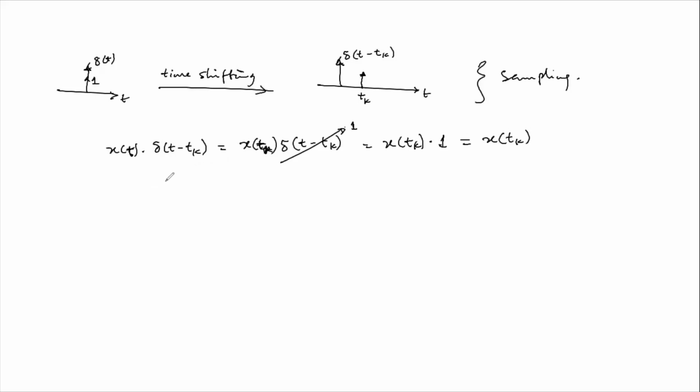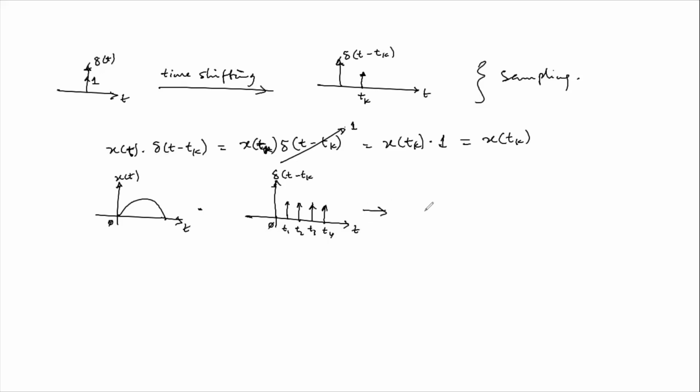And it is logical to therefore conclude that should we have a signal, say something like this, S of t, multiplied by some time shifted unit impulses, at t sub 1, t sub 2, t sub 3, t sub 4, that is delta of t minus t sub k, then we are going to get something that looks like this.